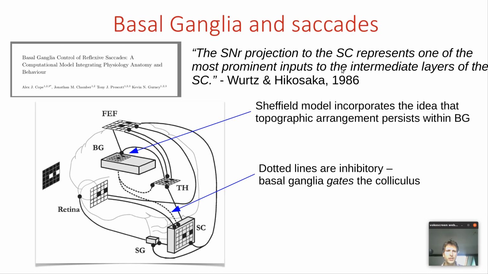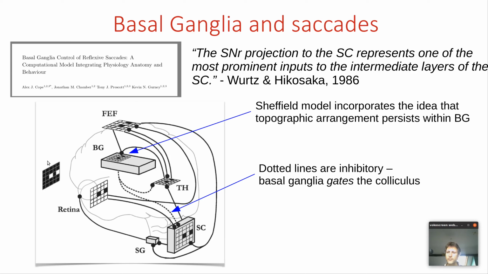The SNR projection to the superior colliculus represents one of the most prominent inputs to the intermediate layers of the superior colliculus. And that projection they're talking about in that paper is this dotted line that goes from this region here, BG, down to this box here, superior colliculus. So that's the prominent connection.